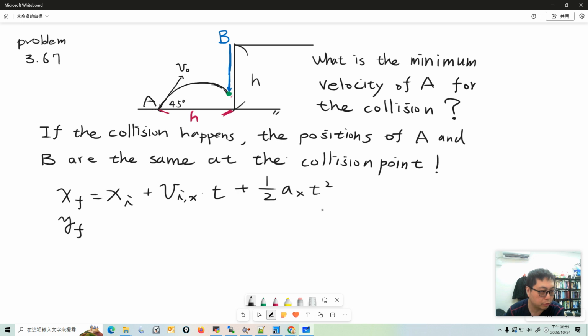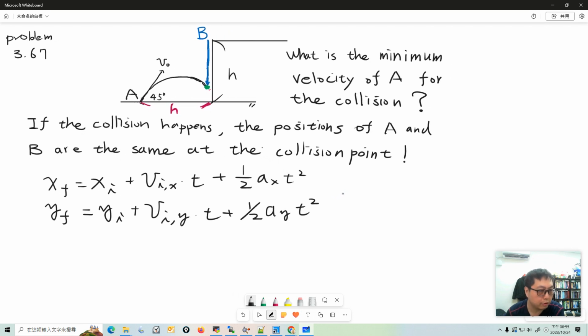Because we have two dimensions, yf equals yi plus the initial velocity y component times t plus 1/2 ay t squared.